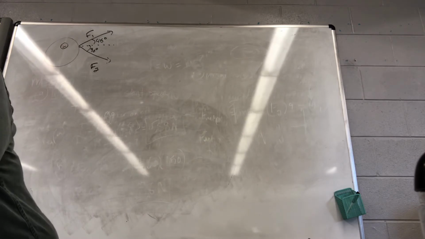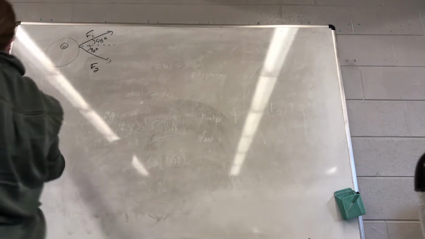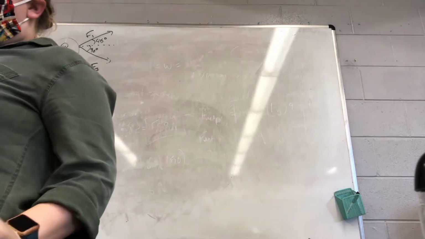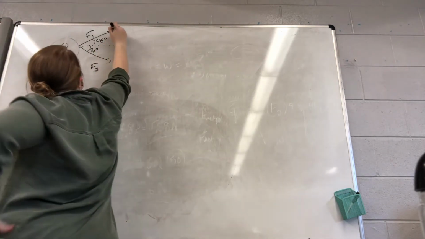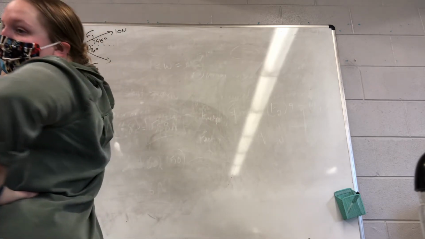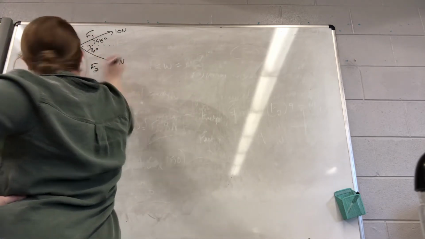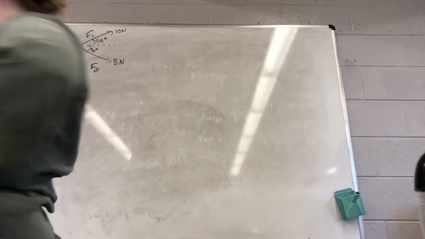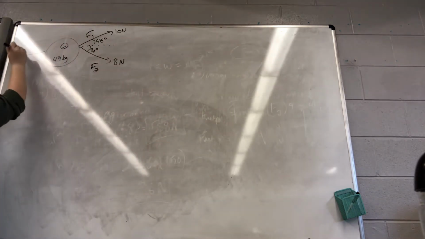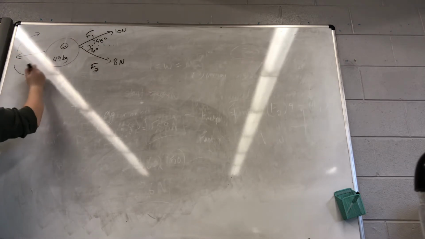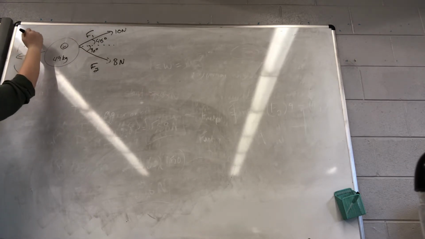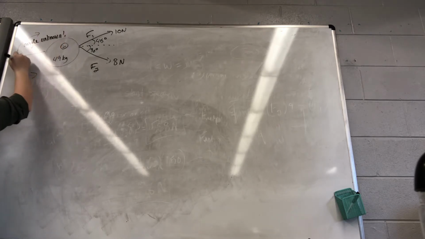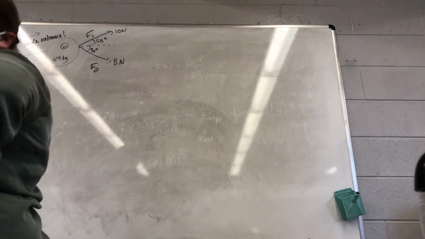Find the acceleration of the 49 kilogram sled-child system. F1 is 10 newtons. F2 is 8 newtons. The frictional force, angle unknown, but the frictional force is known to be 7.5 newtons.